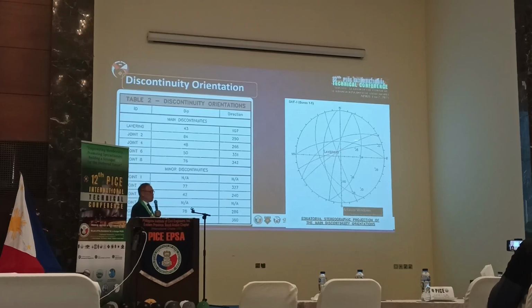But you will have to consider only critical points or critical joints, those that will create rockfall, those that will create discontinuities that are dipping outside of the plane. Those are the fractures or discontinuities that you may consider to support, to provide rock bolts.